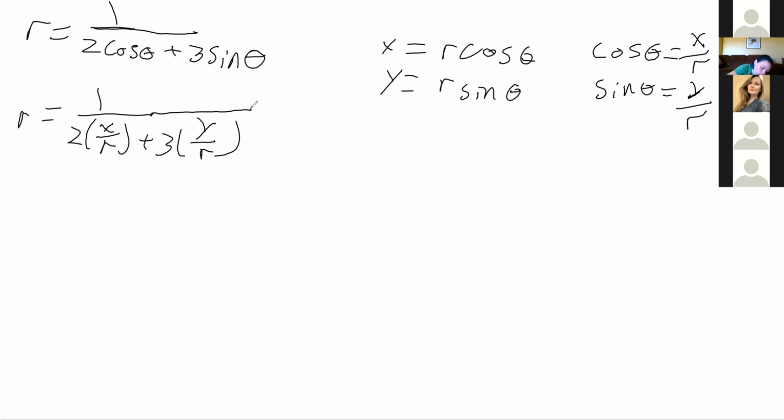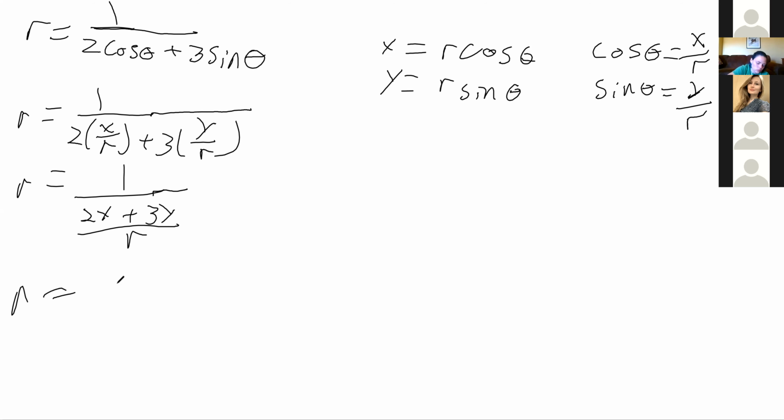So now you've got a common denominator of r on the bottom. Right. So then we have r equals 1 over 3. Oh, it's 2. It's a 3, trust me. So then we can flip the fraction. Dividing by a fraction is multiplying by the reciprocal.